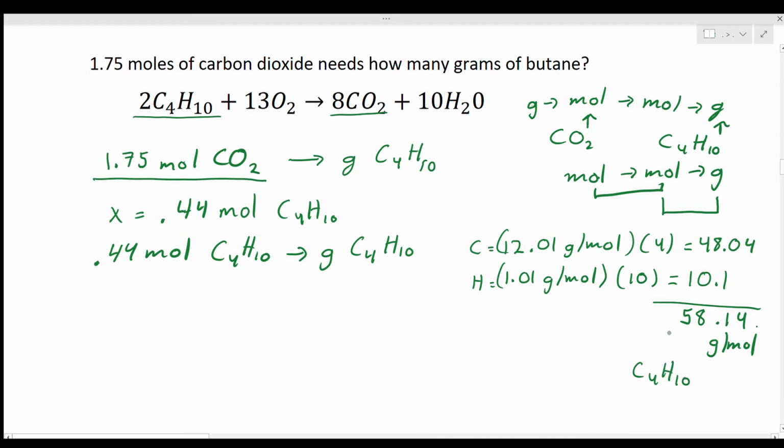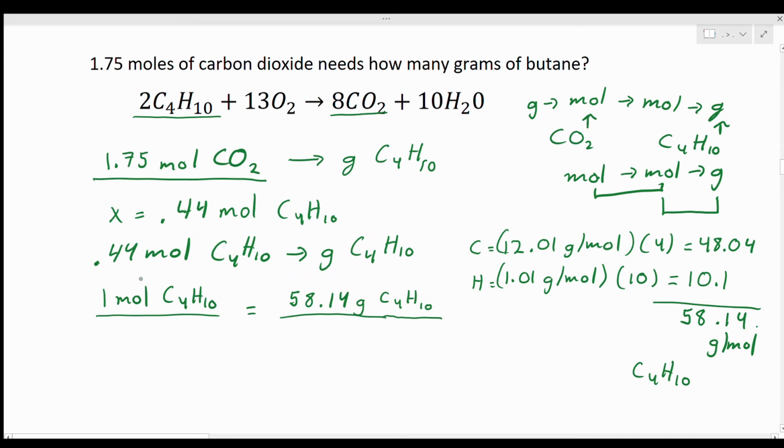So this is just saying that in 1 mole of butane, we have 58.14 grams. And so in this case here, I'm going to be placing grams on the right side and keeping moles on the left side. So if I do that, then I can solve my question according to this here.